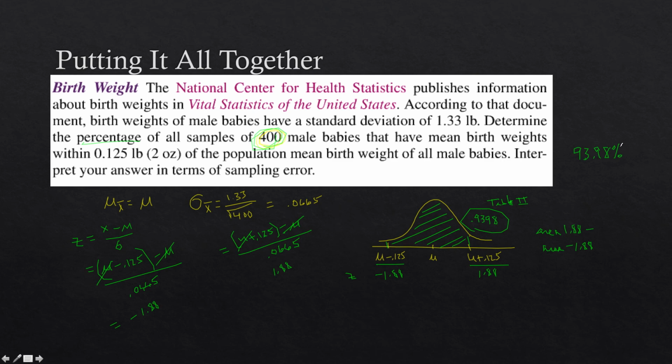So 94% of all samples of 400 male babies will have a mean at most 0.125 above or below the population mean. It's basically saying that 94% will be in this range.